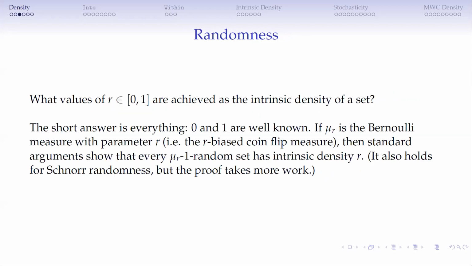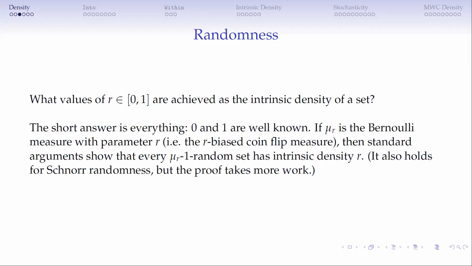Okay, so the original motivation for this project, the initial question that we set out to answer, was what values in the unit interval can you achieve as the intrinsic density of some set? And the short answer is, well, everything, and it's not too hard. As pointed out by Laurent Bienvenu, you simply do a probability theory argument. You don't really need to get into computability theory at all.